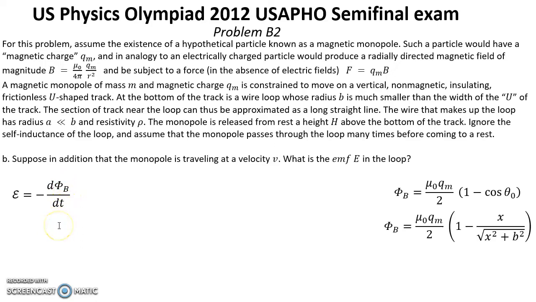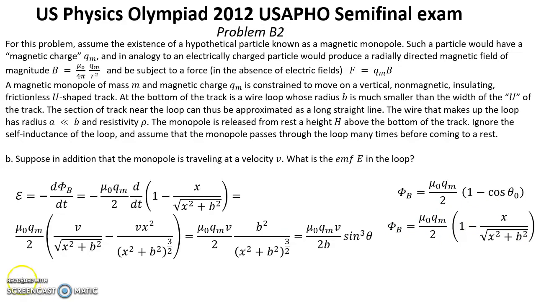That's the expression for EMF in the loop. Now we can put in the expression for FB using this formula. And finally for EMF we have this expression, which we can turn into this one, mu 0 q m v over 2b multiplied by sine cubed theta. That's the answer for question B.